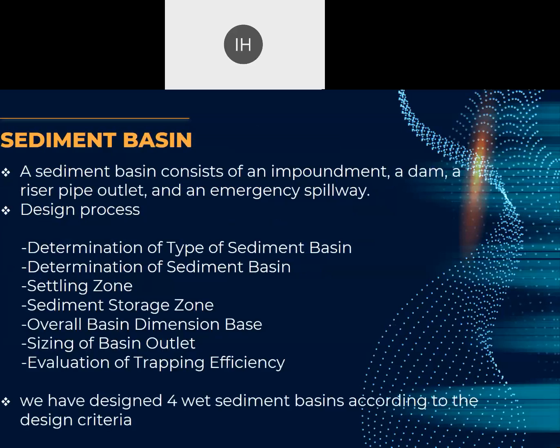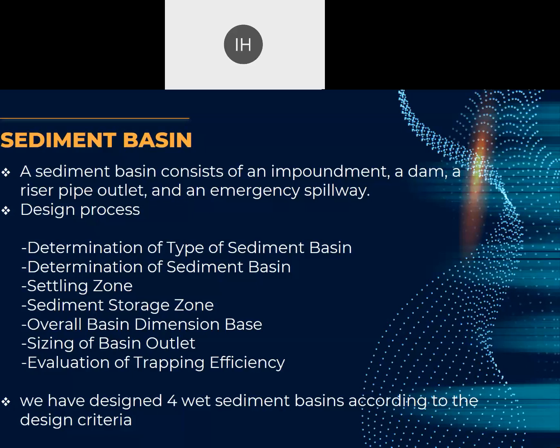Sediment basin. A sediment basin consists of an impoundment, a dam, a riser pipe outlet, and an emergency spillway. For the design process: determination of type of sediment basin, settling zone, sediment storage zone, overall basin dimension, sizing of basin outlet, and evaluation of trapping efficiency.